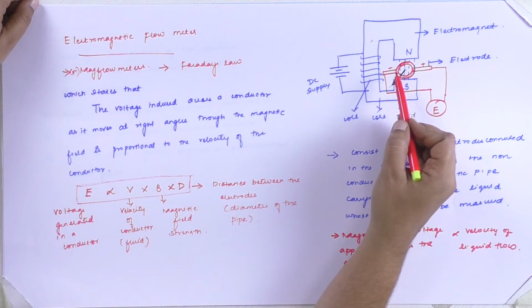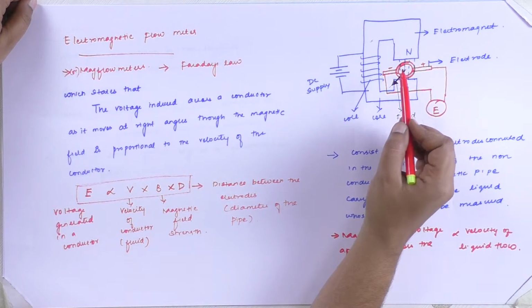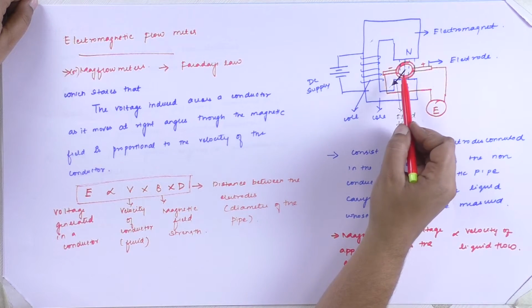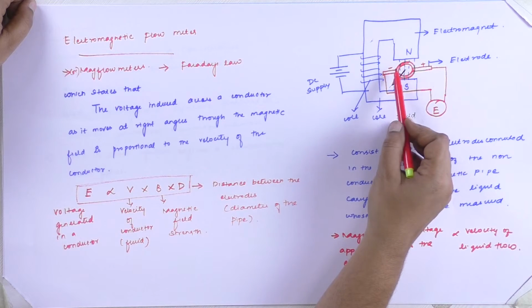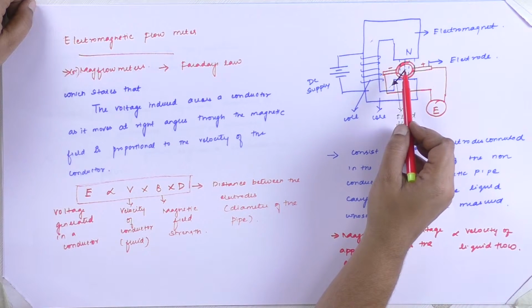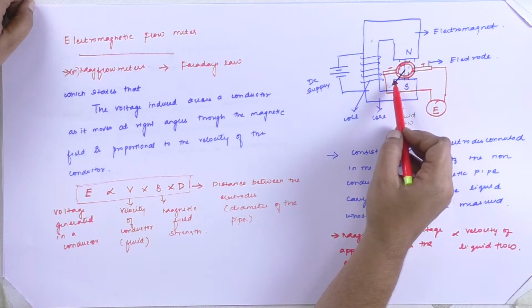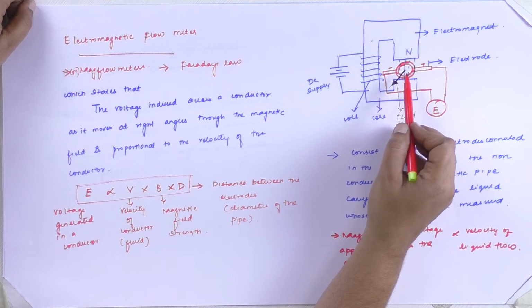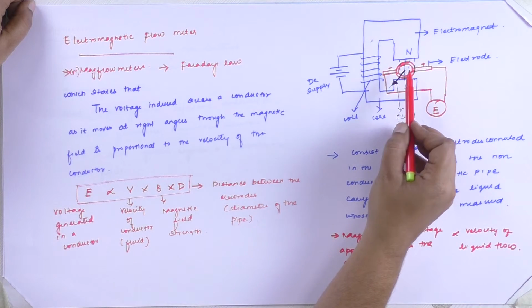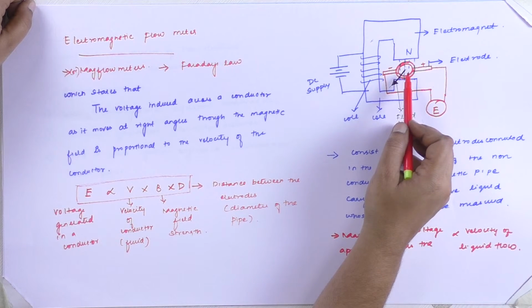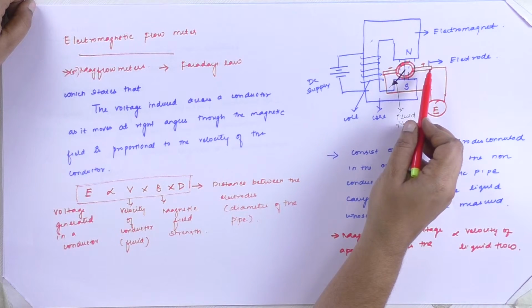So here we are using a non-conductive pipe, because the output voltage gets short circuited if you use a conducting pipe or metallic pipe when the fluid has low conductivity. If the flow rate of a liquid whose conductivity is very low is to be measured, we have to use a non-conducting pipe, because if you use a conducting pipe, a short circuit will happen.